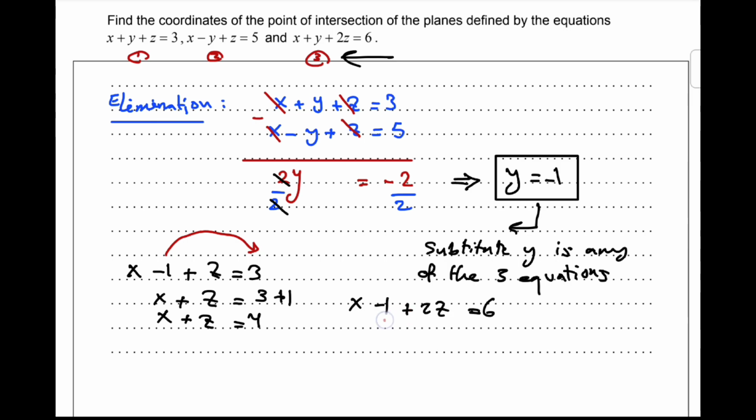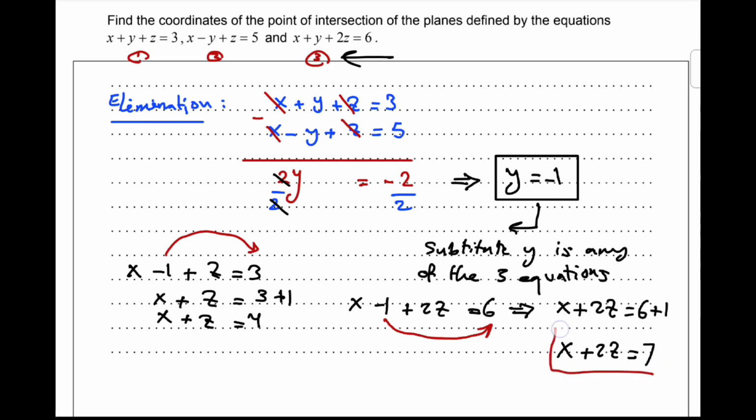Then you take the minus 1 to the other side, and what you get is x plus 2z equal to 6 plus 1. So x plus 2z equal to 7.